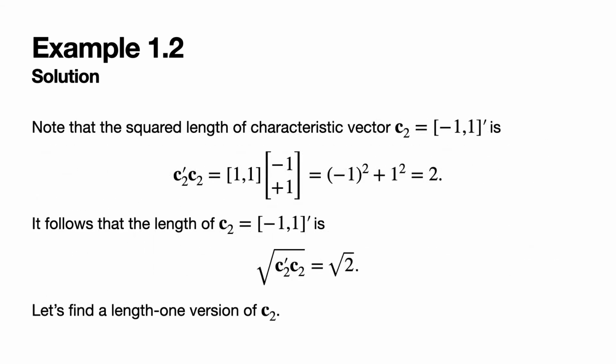Now, note that the squared length of this version of characteristic vector C2 is equal to 2. And so it follows that the length of C2 must be equal to the square root of 2. Let's find a length 1 version of C2.